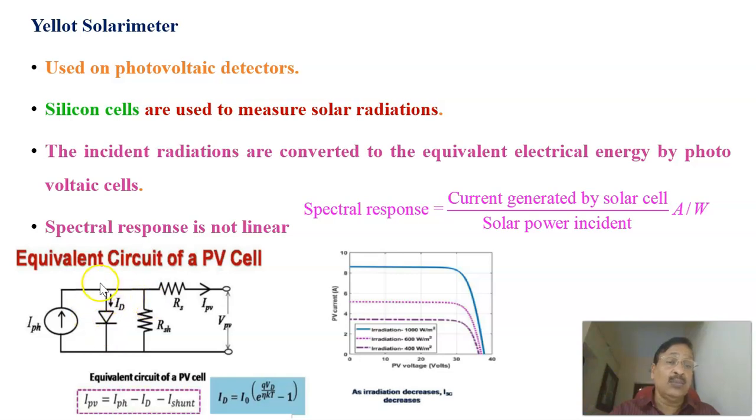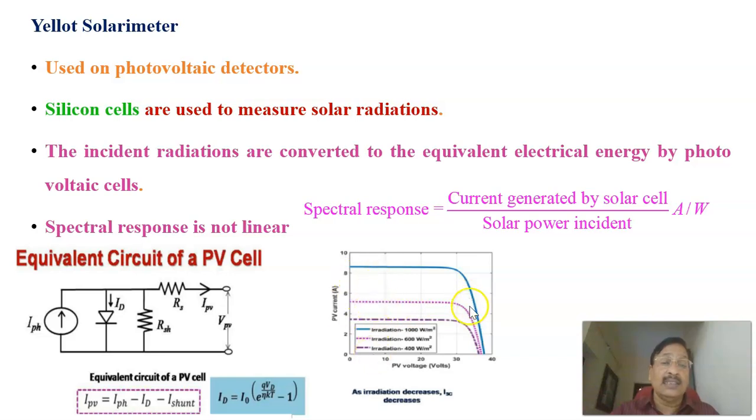Therefore, we can see the equivalent circuit of a PV cell, which, as you know, was explained previously in the introduction of the solar cell. Here, as solar radiation changes, the current generated by the solar cell changes. This is the practical circuit, with a series resistance, a shunt resistance, as well as a diode. If you plot the current versus the voltage, the VI characteristics of a solar cell change as irradiation varies.